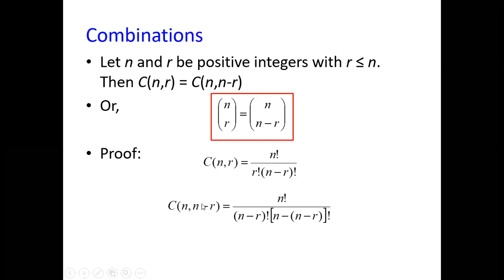It's a revision for you. And the combination of n minus r will be the same: n factorial over n minus r factorial times r factorial. So they will be equal to each other.